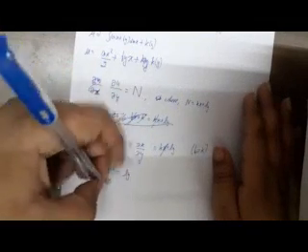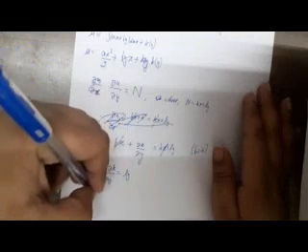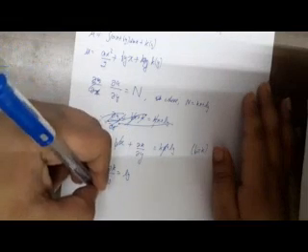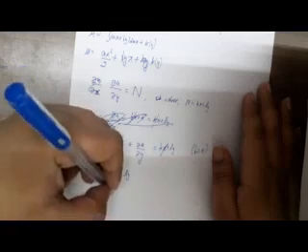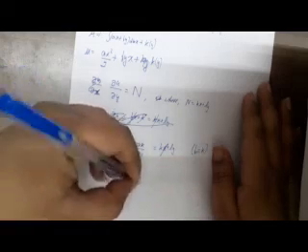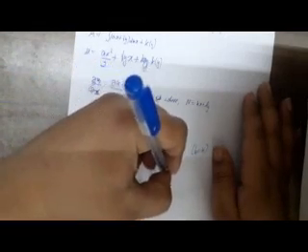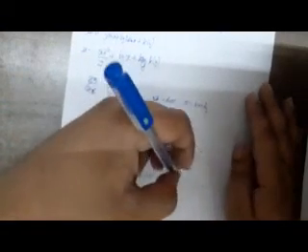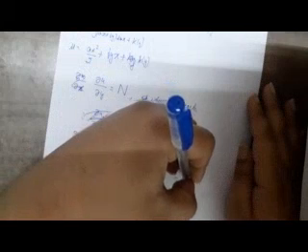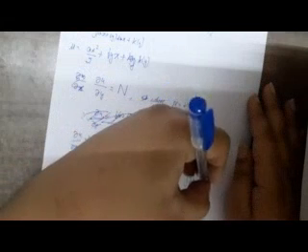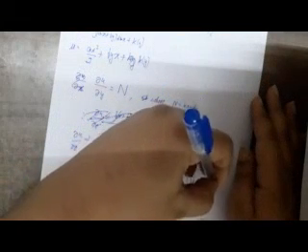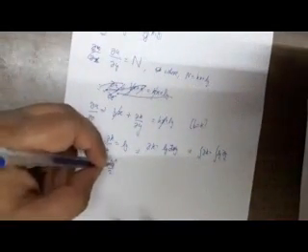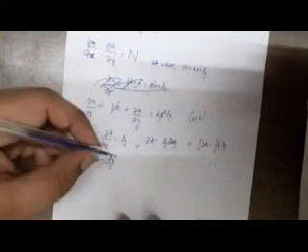Now upon integrating, del k equals ly del y, we get k equals ly square by 2.